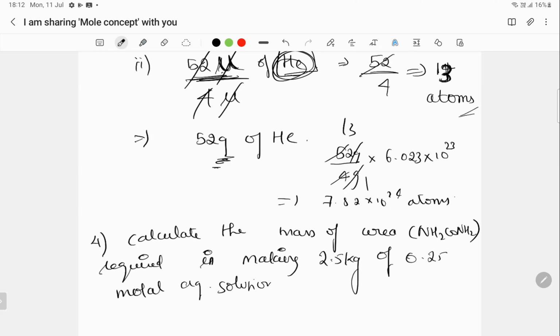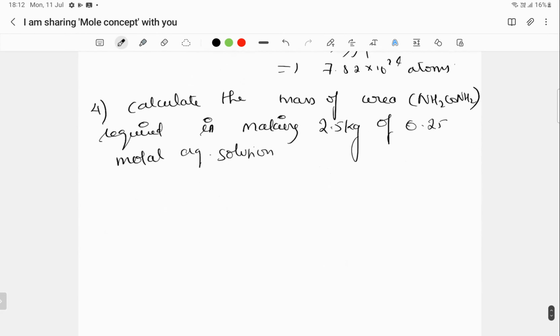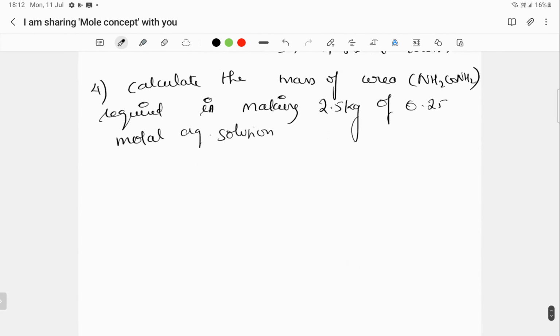So molal defines your molality. Molality is mentioned here. So try this problem. Try it.